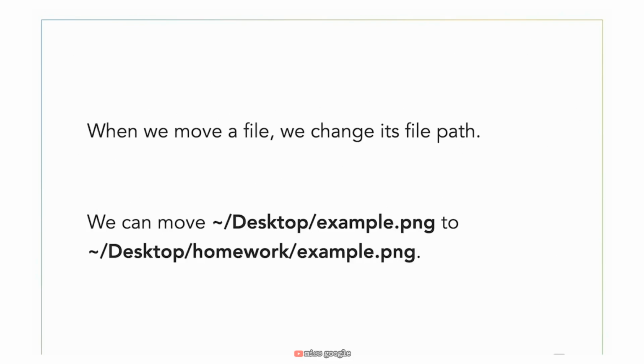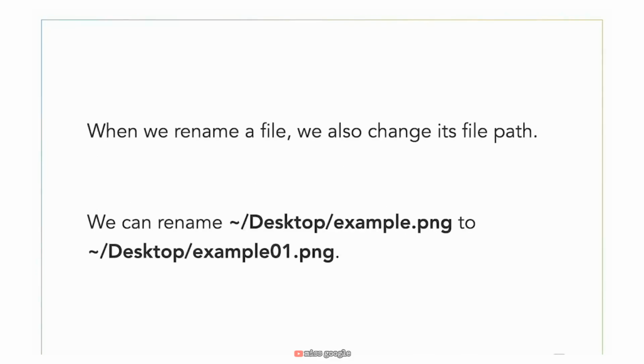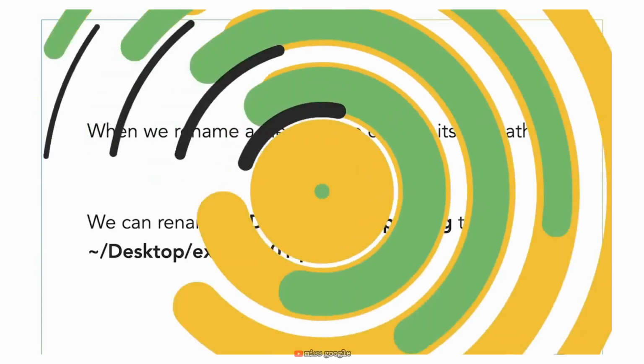In changing its path, we move the file to a new path. However, if we changed home/desktop/example.png to home/desktop/example1.png, we've renamed the file. Technically, we've moved it to this new file path, but in Python, we consider this operation renaming the file.